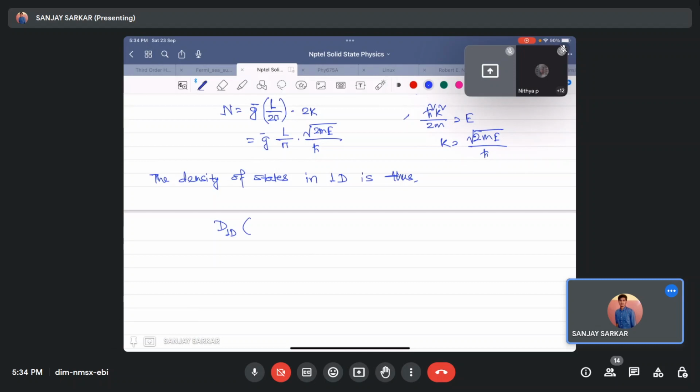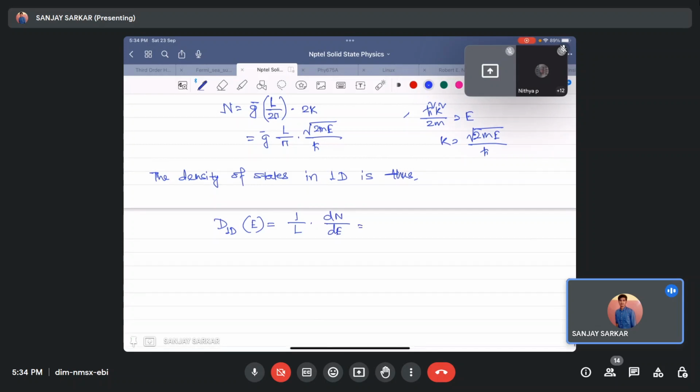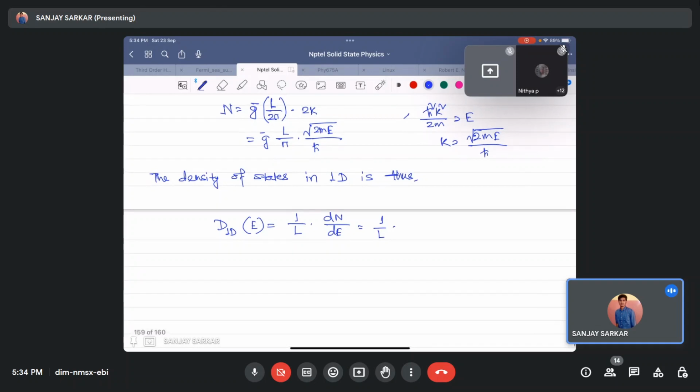It will be one by L into del N del E. So you see the difference: for 3D it was 1 by V del N del E, for 2D it is 1 by A del N del E, and for 1D it is 1 by L del N del E. So 1 by L is there, and this is N, so you can calculate del N del E from this expression, that is g bar L by pi into root over 2m by h bar.